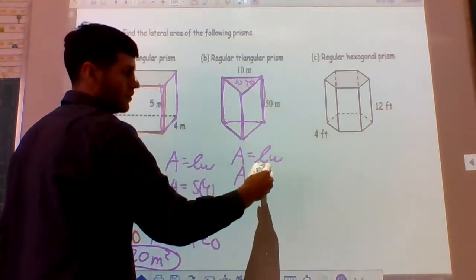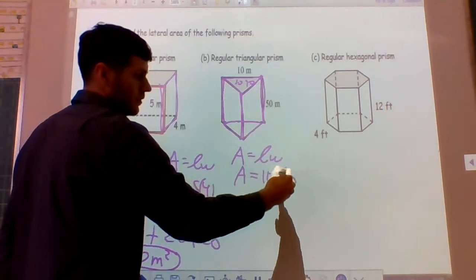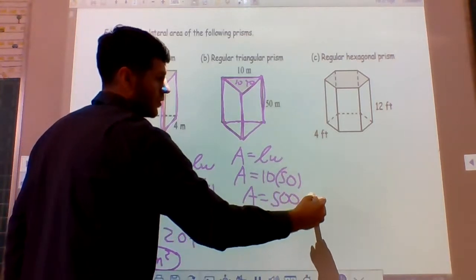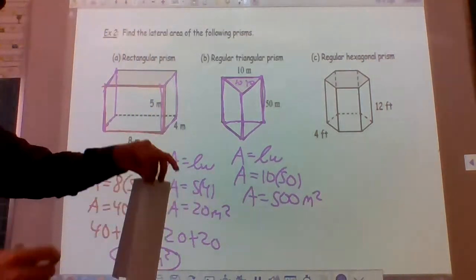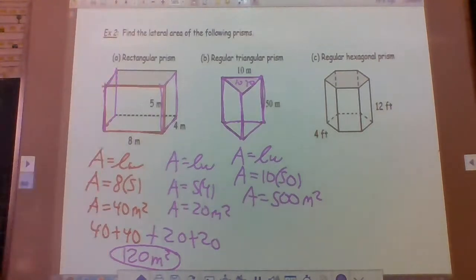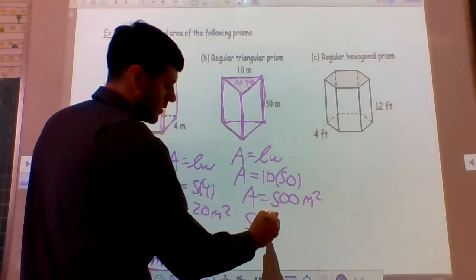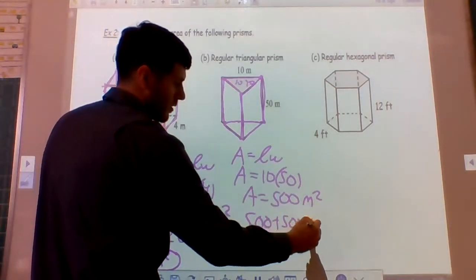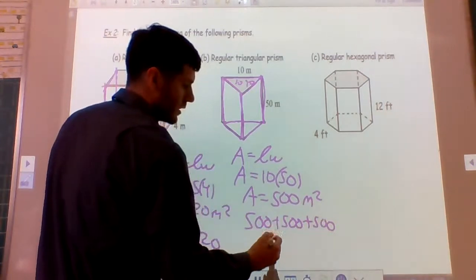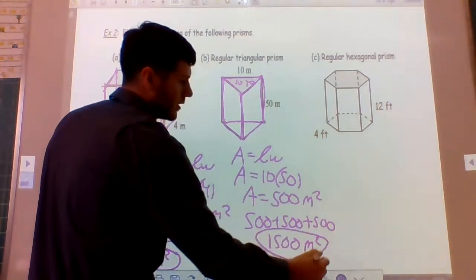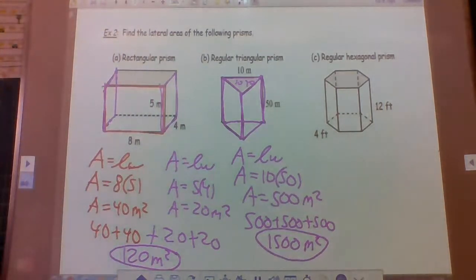And there's 3 of those rectangular sides, so 50 times 3, because there's 3 of them, which is going to give us 150 meters squared for our lateral area for our triangular prism.